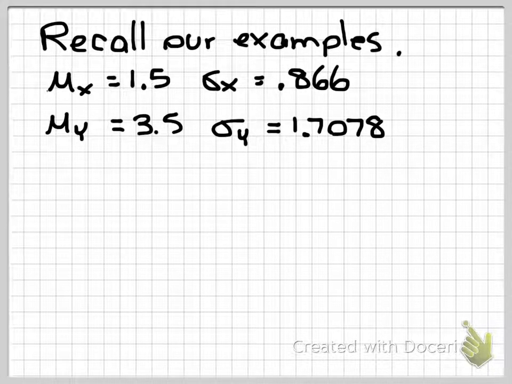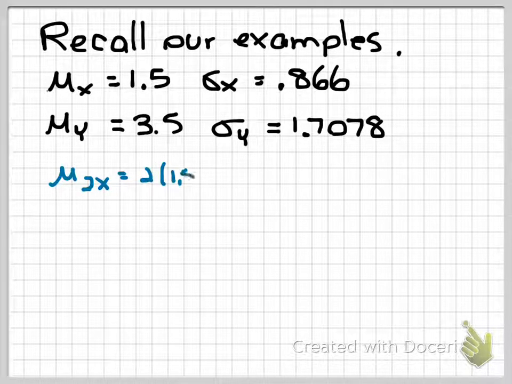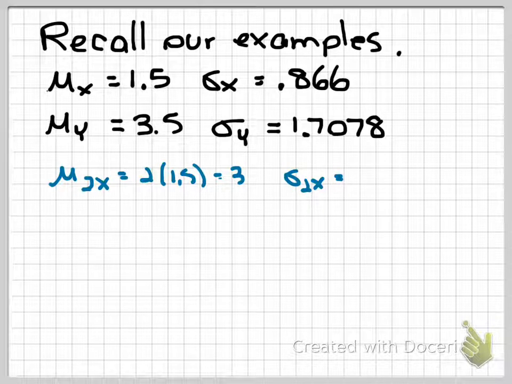Then we would say mu of 2x, which would be 2 times 1.5, which is 3. On average, we would be winning 3. And our standard deviation of 2x would work out the same way, and we would get 2 times 0.866.